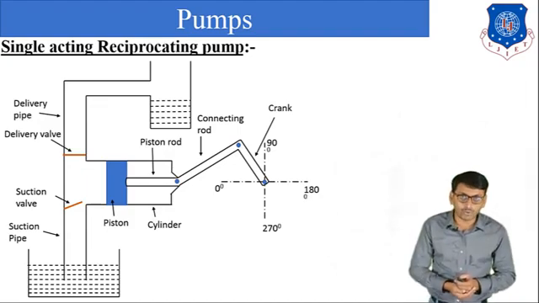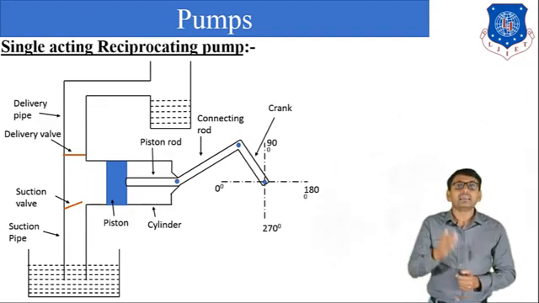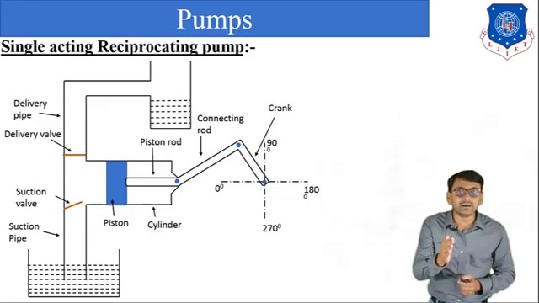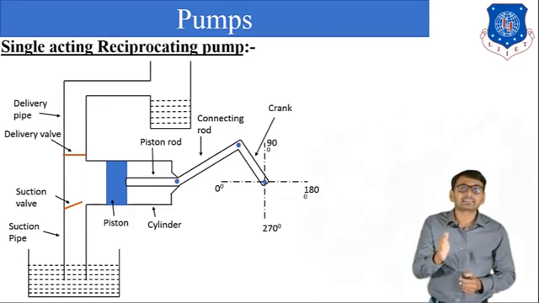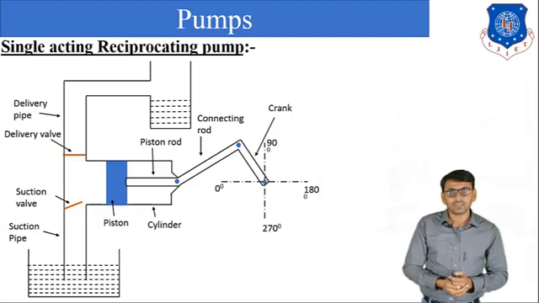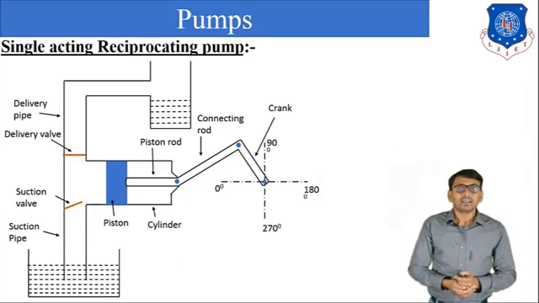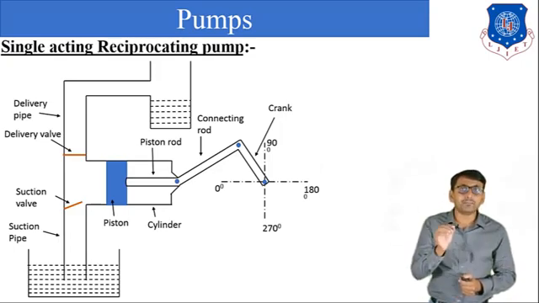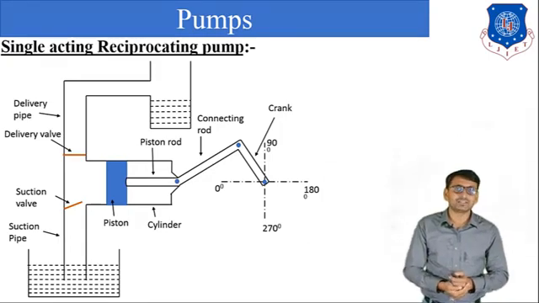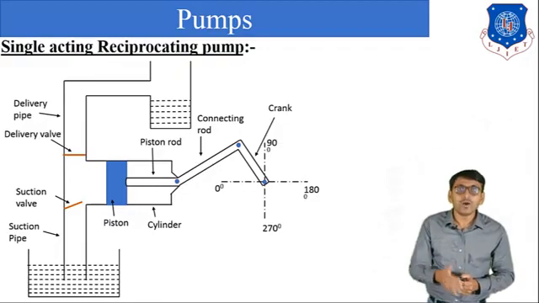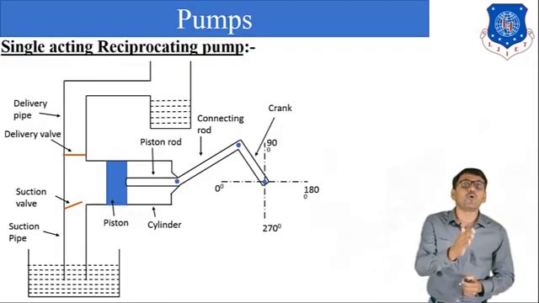So the suction valve opens and water enters into the cylinder by suction pipe, and at the end of forward stroke, at the end of first stroke, the cylinder is completely filled by water and the suction valve closes. So this is about forward or suction stroke.